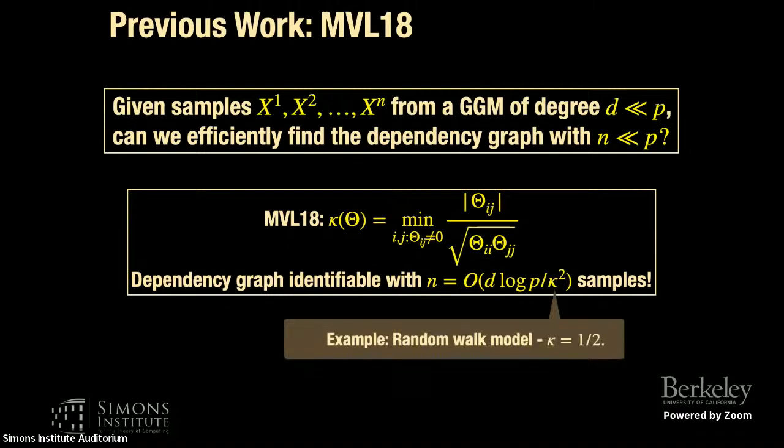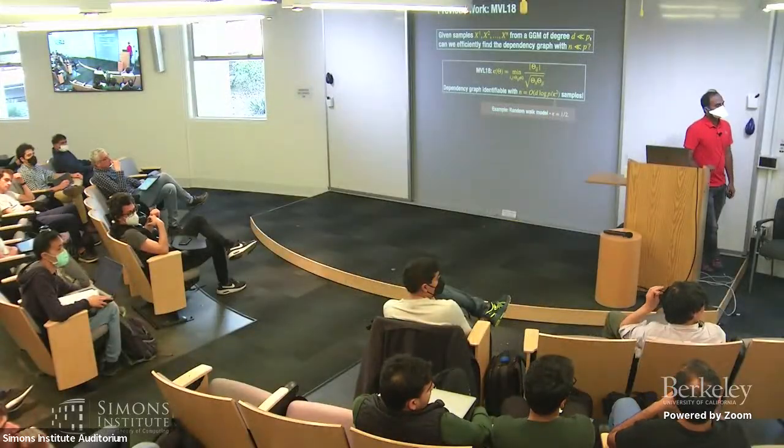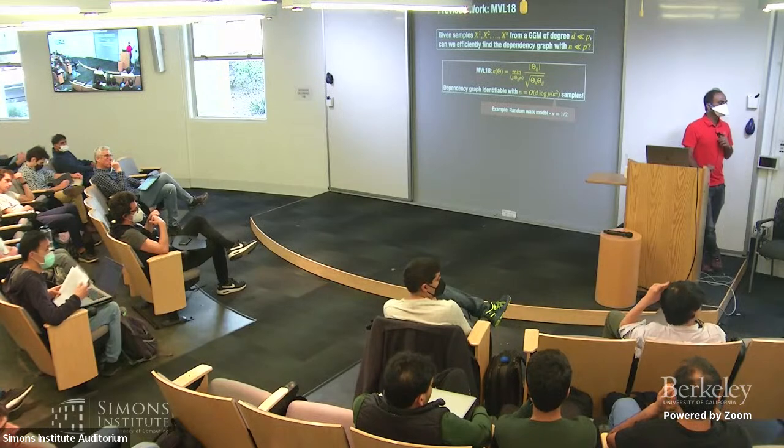And for instance, if you go back to the random walk model, this parameter kappa is exactly half. Just to clarify, when you say identifiable with the sample size, do you mean that you can bound the probability of an error for the whole precision matrix? You can identify the dependency graph. So it will be something like, with d log p over kappa squared times log 1 over delta samples, maybe.